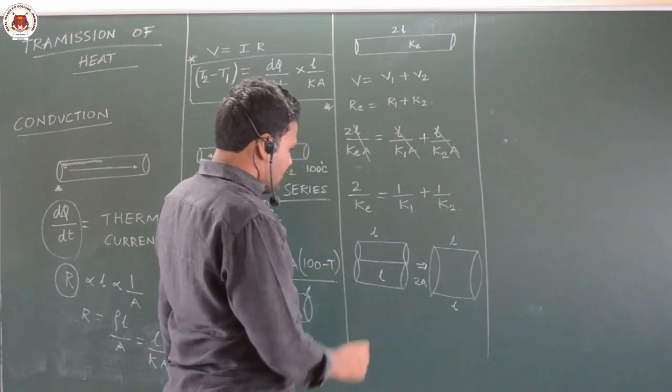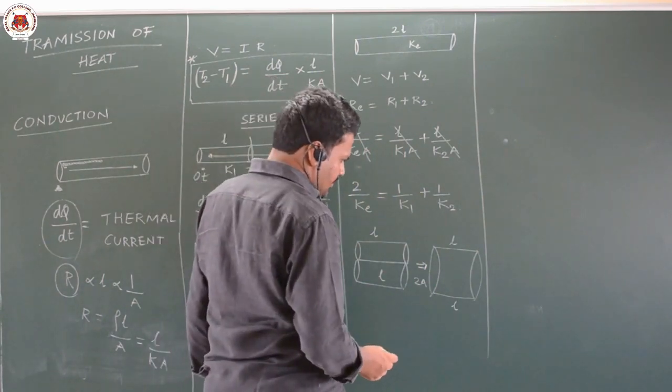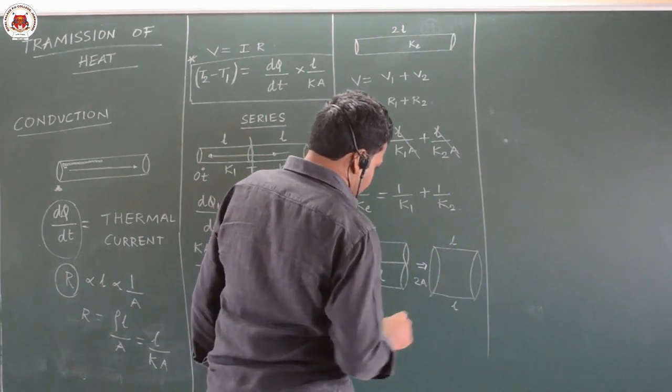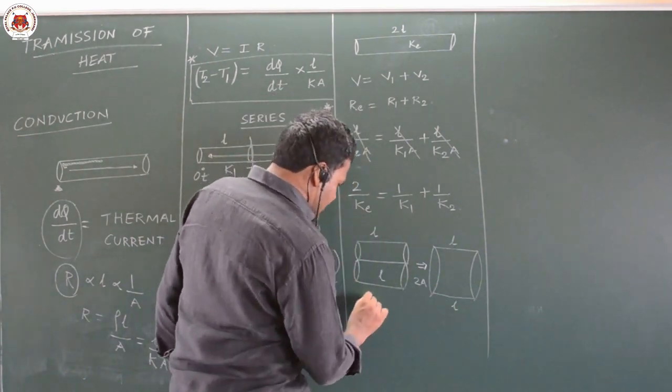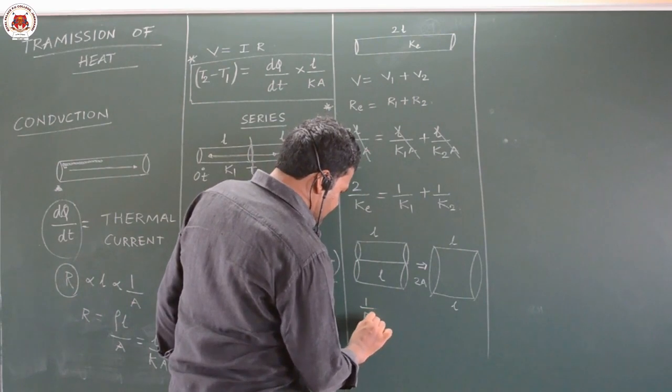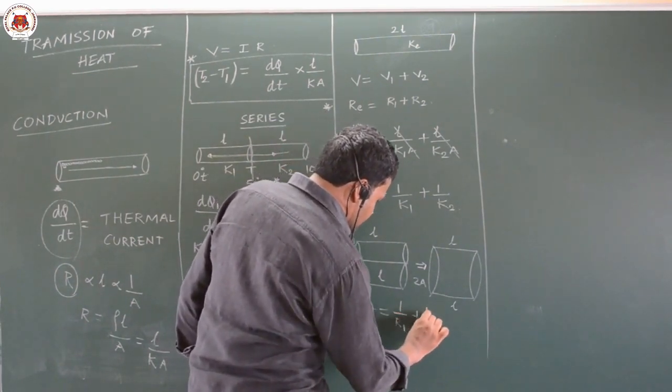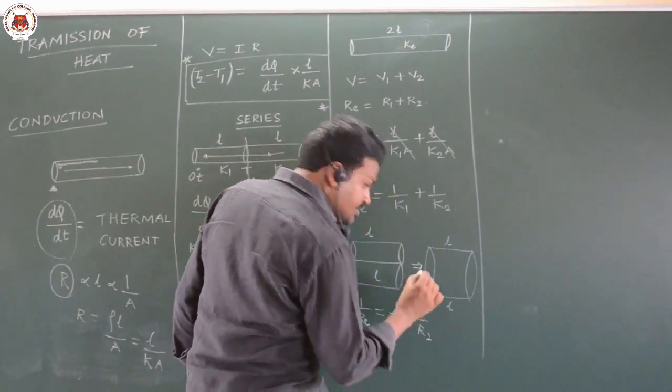Okay. Now here in this case, 1 by R effective in parallel combination is 1 by R1 plus 1 by R2, this you have to apply.